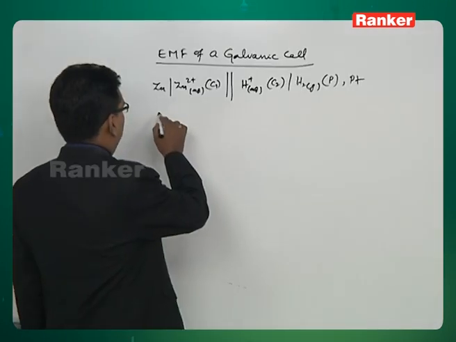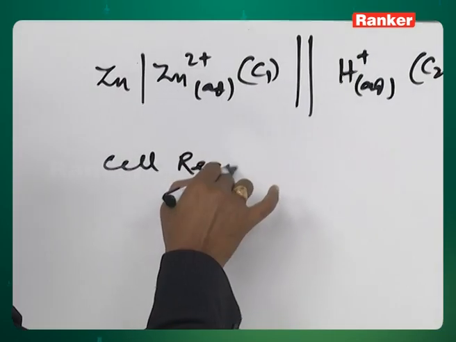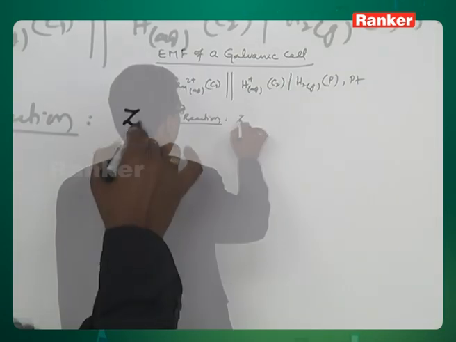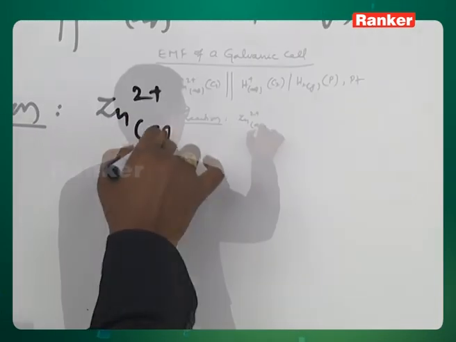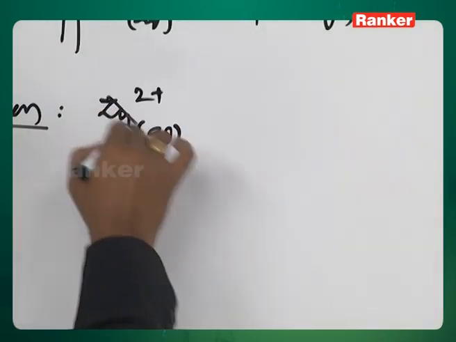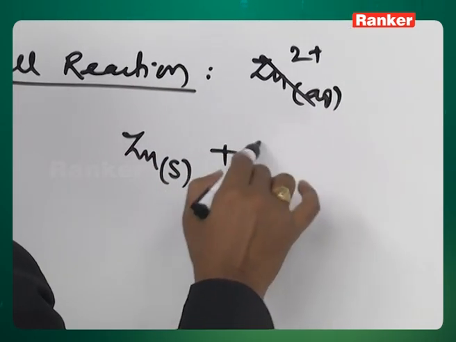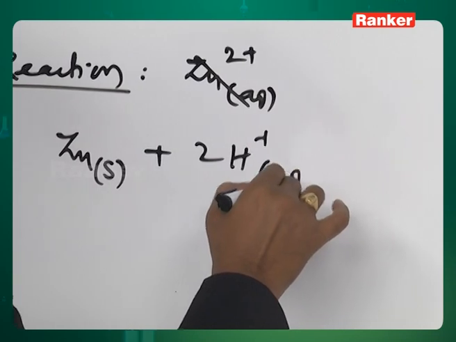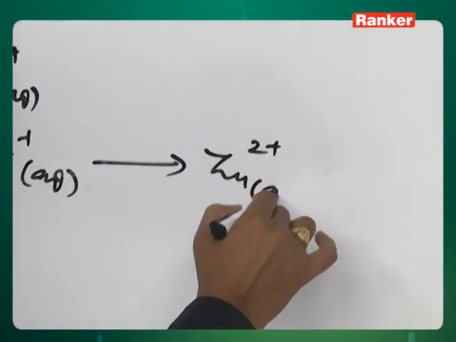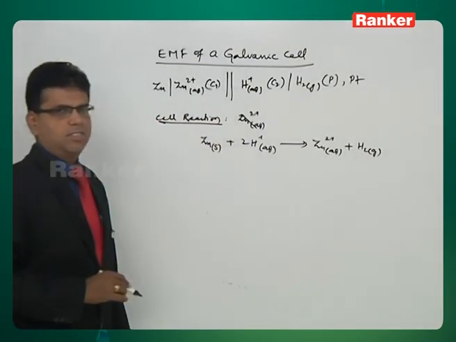So, the cell reaction is zinc metal with hydrogen ions to Zn2+ aqueous plus H2 gas. This is the cell reaction.